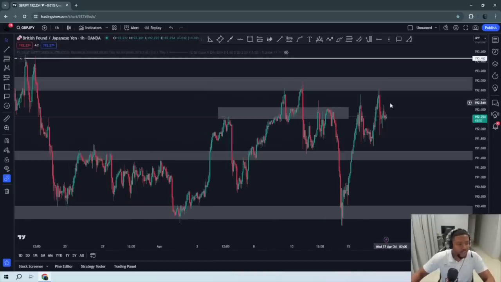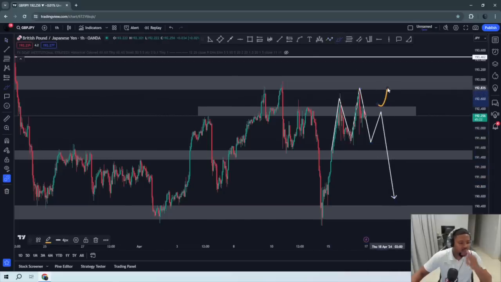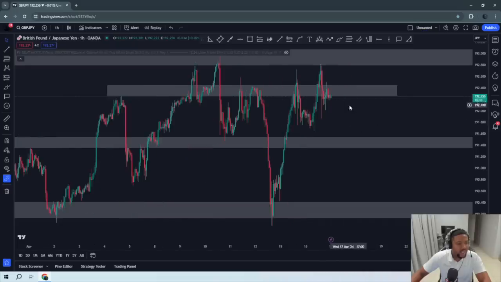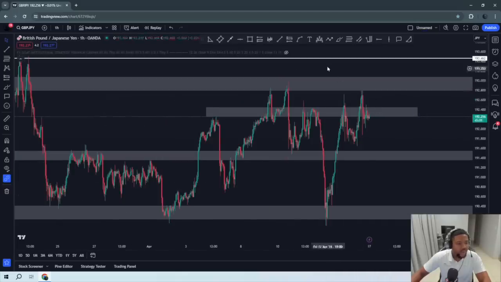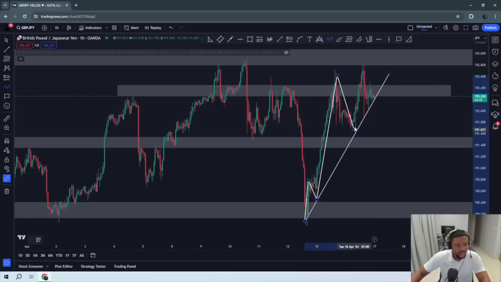So currently, guys, with GBPJPY, what we have over here is another possibility of a double top, whereby the market came, gave us a first high, and gave us another second high. If we get that breakout retest from here, we can take our sales, expecting a sell all the way towards the downside, making this a valid entry point. Alternatively, guys, should the market break above this area, we can also see that this is our uptrending supporting structure, meaning that the market is failing to break outside this supporting structure.